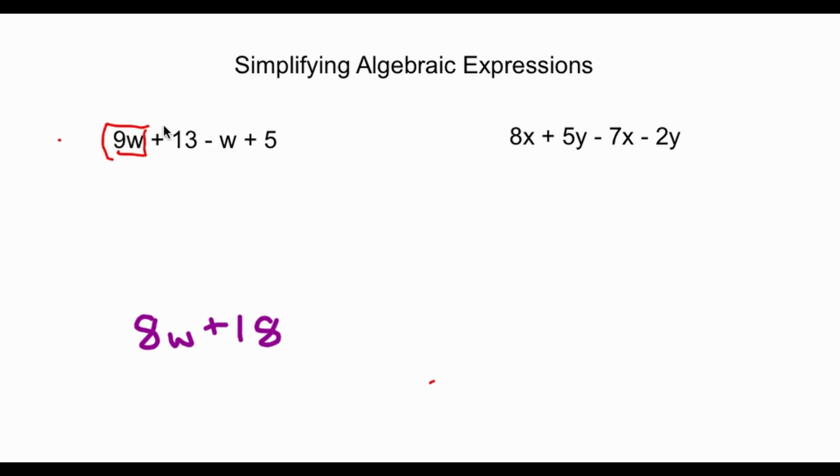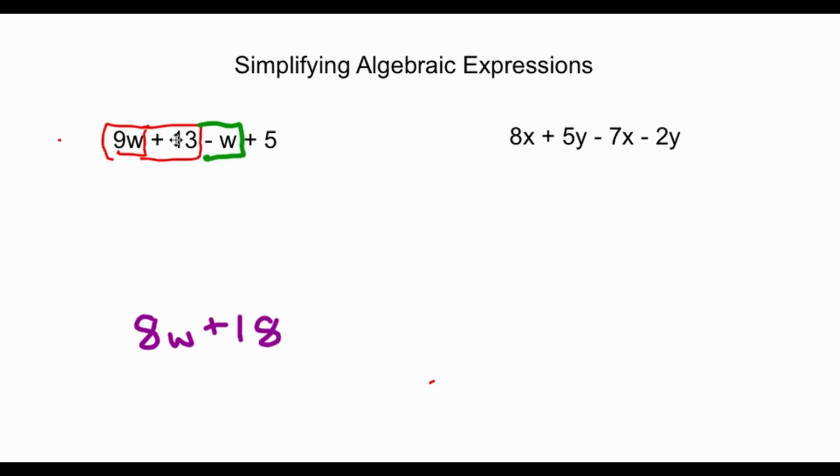Now, when you look at it as a single term, I like to circle the operation in front of it. So you can think of this no longer as an addition sign, but as a positive 13, which makes the next term, the w term, a negative w.